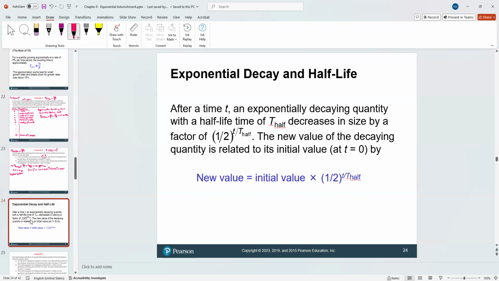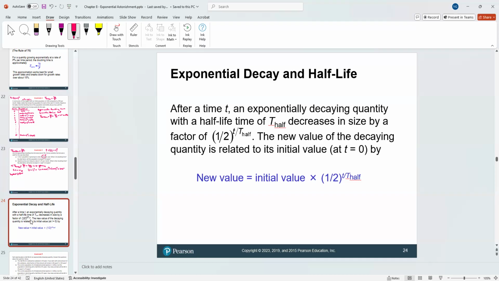Like, let's say it decreases by 20% every year. That's an example. In that case, the value of the quantity repeatedly decreases to half its value, with each halving occurring in a time called the half-life. So that's why we call it half-life, right?